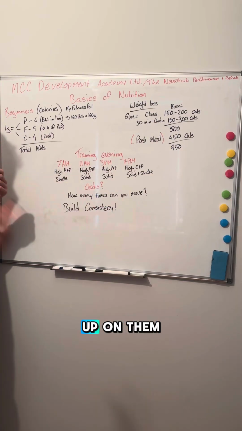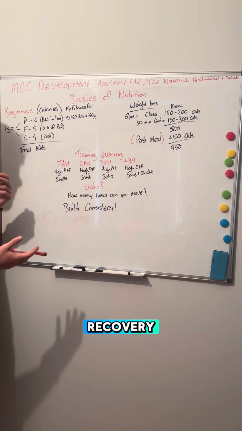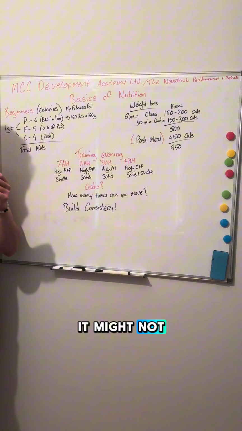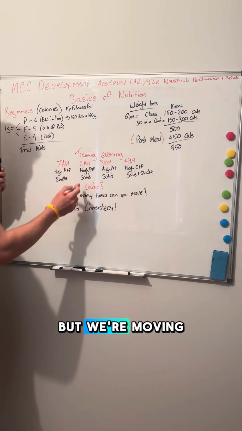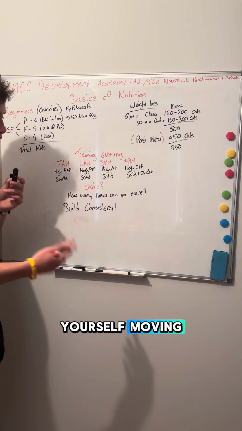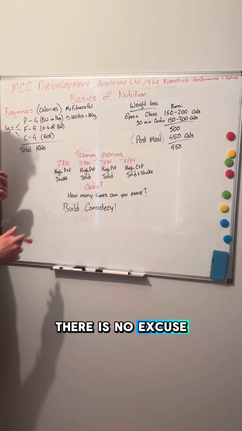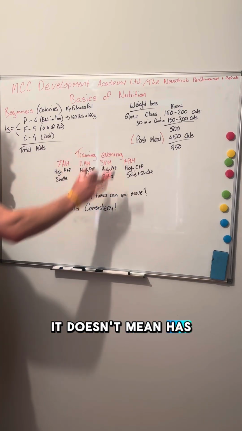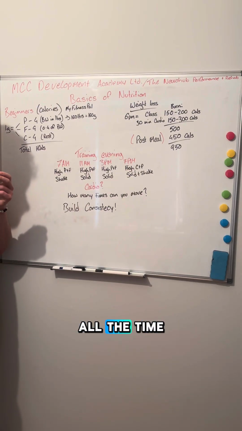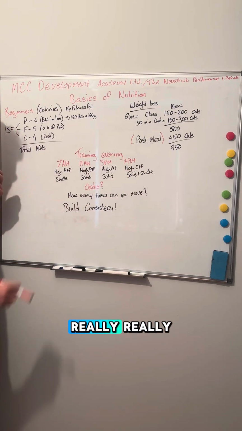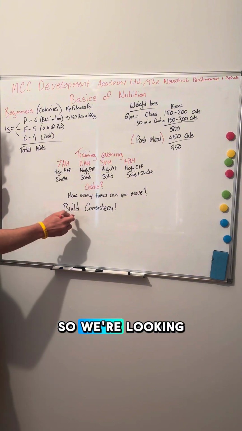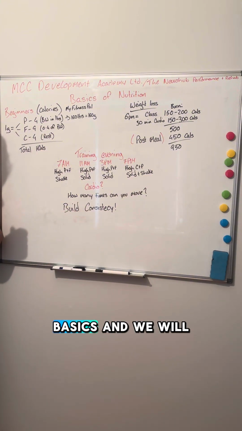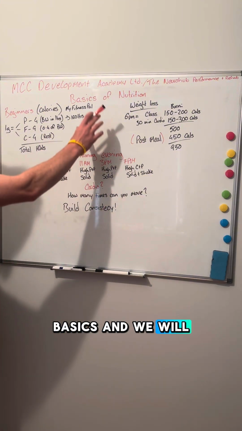You might double up on them. You might need the recovery, so it might just be a walk. It might not always be really, really intense, but we're moving our body all the time. We're getting ourselves moving all the time. There's no excuse why we can't move every day. Okay? It doesn't mean it has to be 100% intense all the time, but it can be really, really consistent. So we're looking to build consistency, especially in the basics, and we will grasp around that.